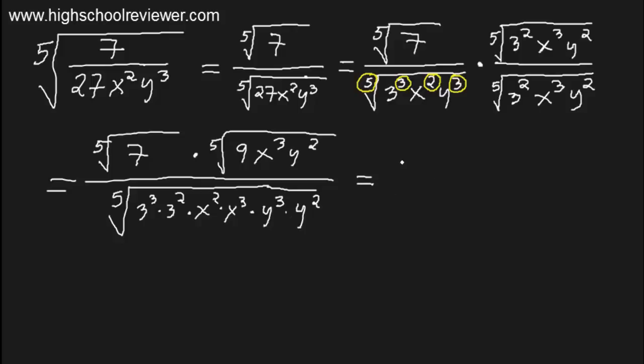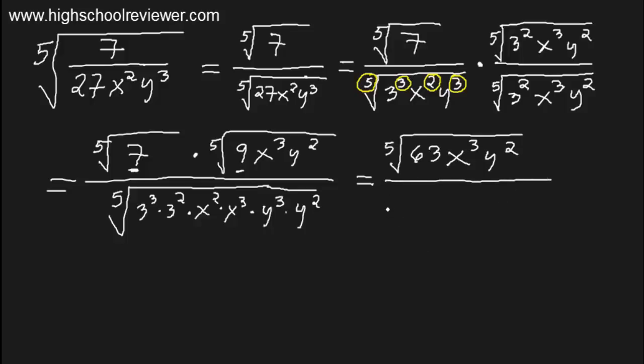So we will have here the fifth root. 7 multiplied by 9 will give us 63. And then we will just copy x cubed y squared all over the fifth root of 3, and then 3 plus 2 is 5, times x, 2 plus 3 is 5, times y, 3 plus 2 is 5.